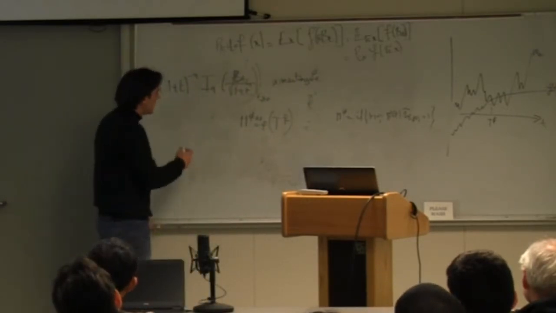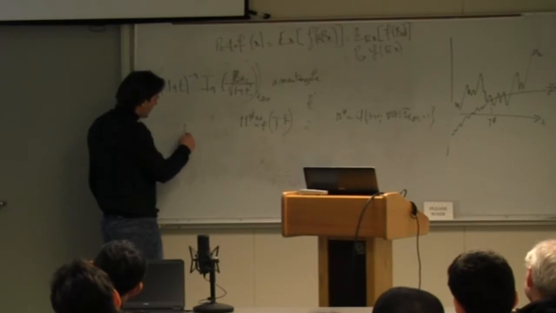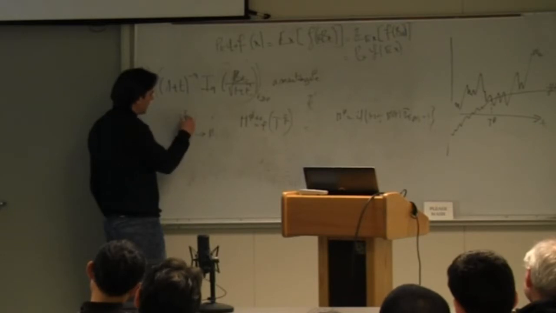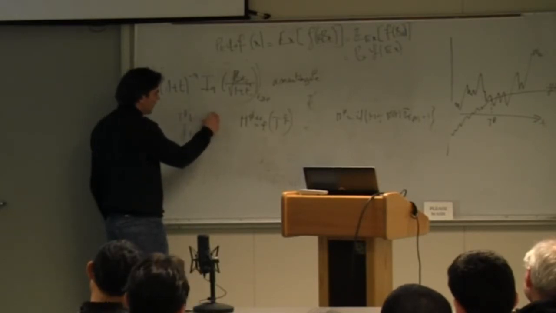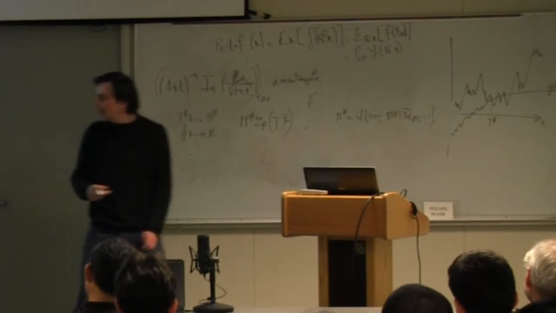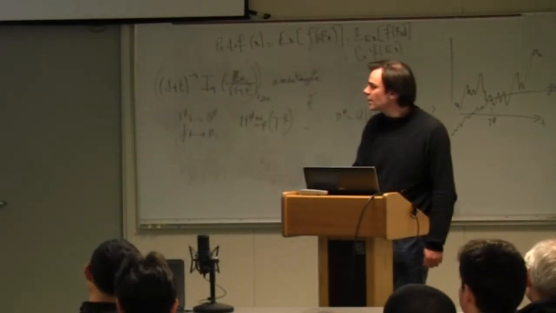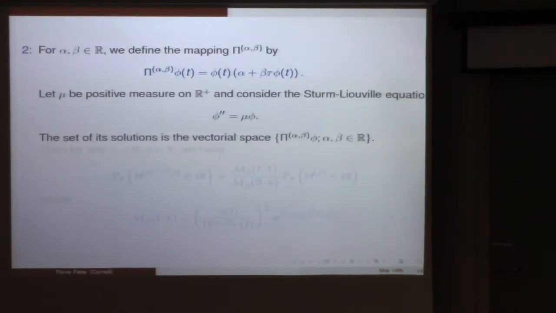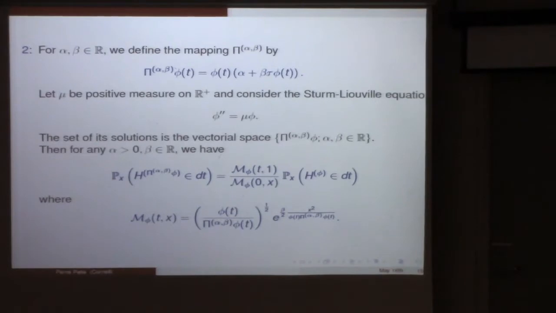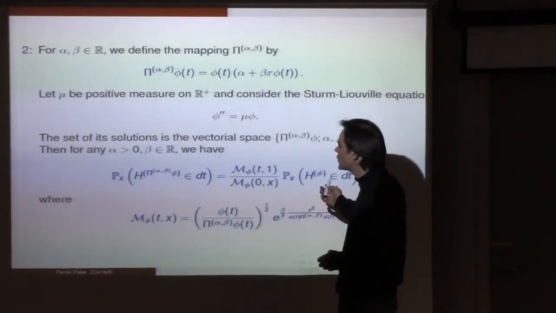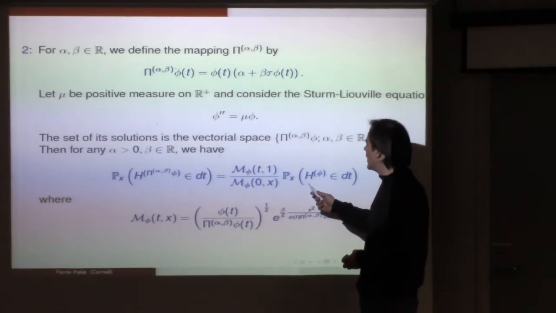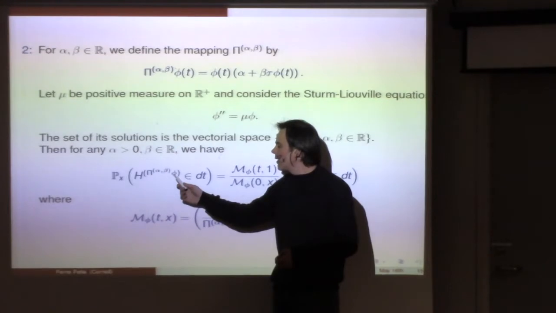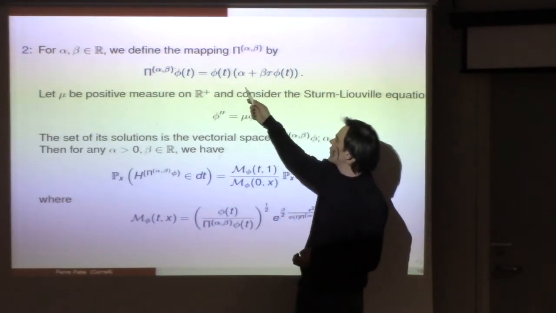So the idea here is simply to say, okay, I start from f, I associate phi, so Gauss-Markov, so at tau f I make a link with h of phi, and the link is obvious, it's given here, we have an explicit representation between the hitting times. And then here we introduce a mapping which relates two Gauss-Markov processes, one associated to phi, and the other one associated to the image of phi with the two parameters of transformation.